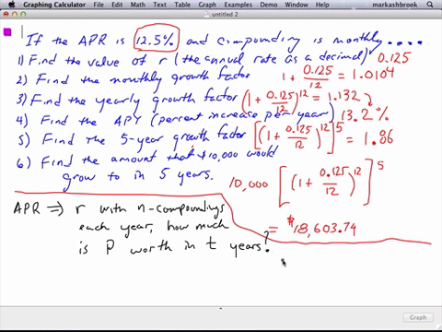Okay, so this is the general case of this whole thing we just worked through. So if you start with R and you have n compoundings each year, how much would an initial value, principal P, be worth in T years?